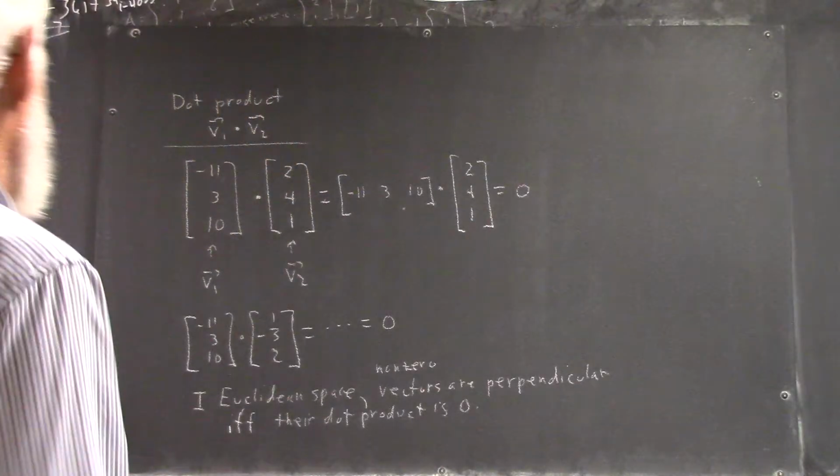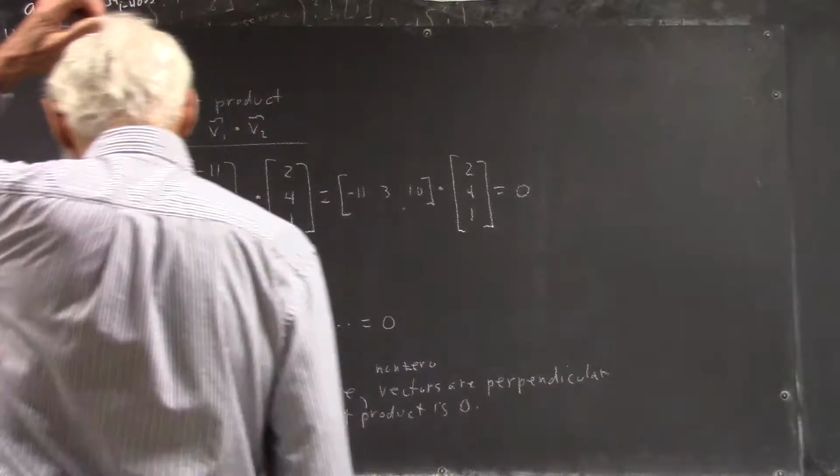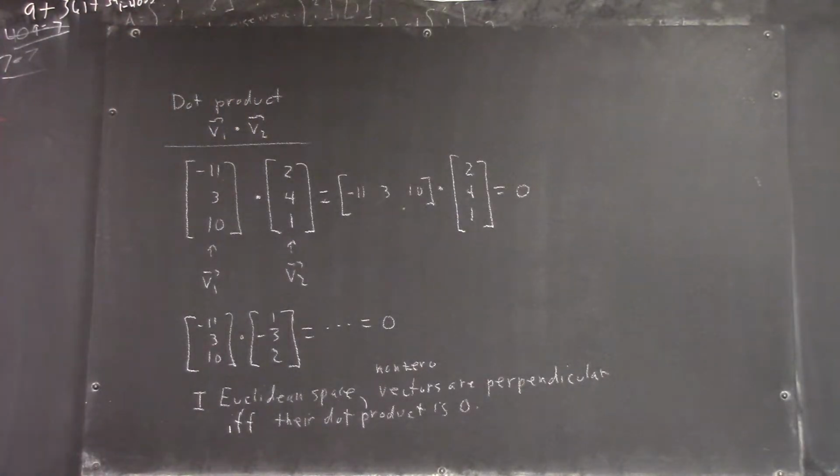Now I'll ask you to prove something very simple, that if you do the -11, 3, 10 vector dotted with C1 times this plus C2 times this, you still get 0.